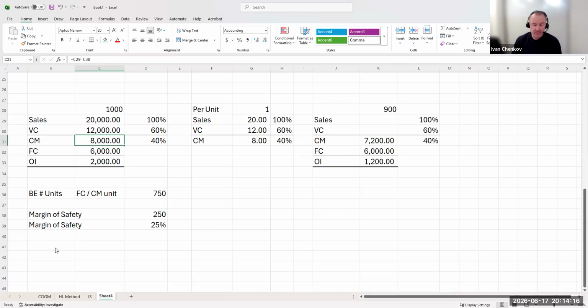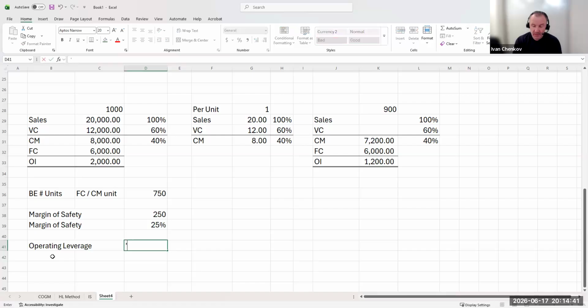So your operating leverage is going to be equal to the contribution margin divided by operating income, or in other words, how many times the contribution margin flows into operating income.